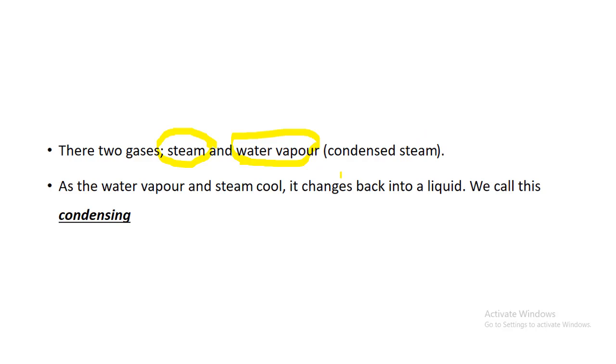It's the one which we see with our eyes. When we are boiling something, what we see coming out from the pot is the water vapor. That's condensed steam. Steam cannot be seen using our eyes, and it's very hot. It burns.